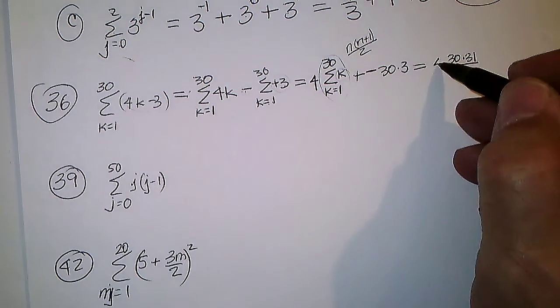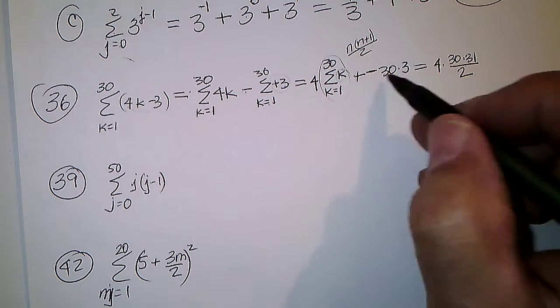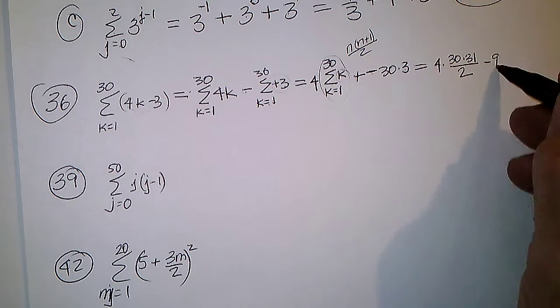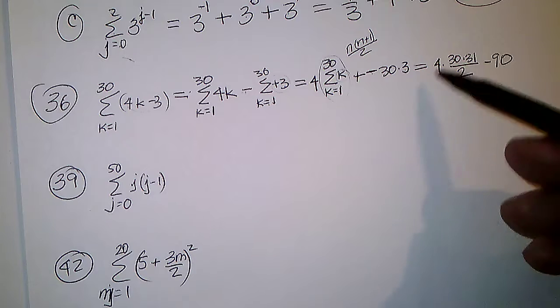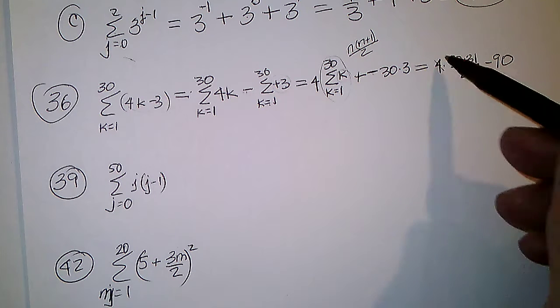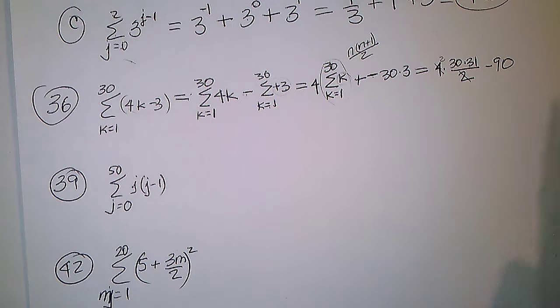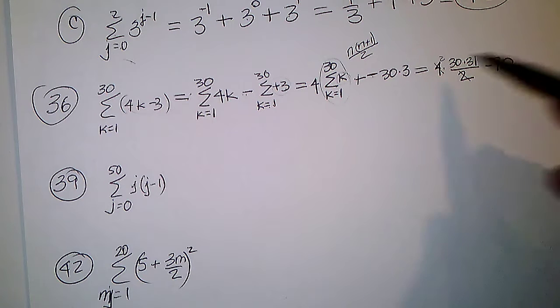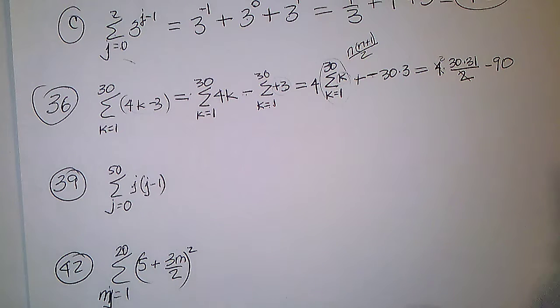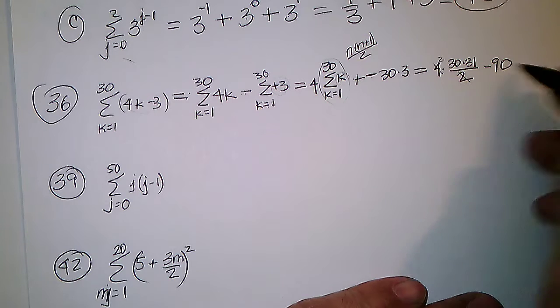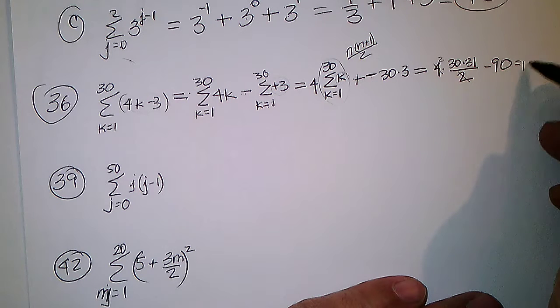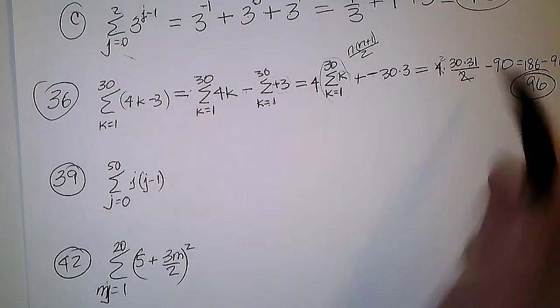And we got to take that times 4, and then we got minus 90. So 4 divided by 2 is 2 times 30 is 60 times 31. Or 62 times 30, 186. I think that's 186 minus 90, which is 96, if I didn't make a mental arithmetic error on doing that.